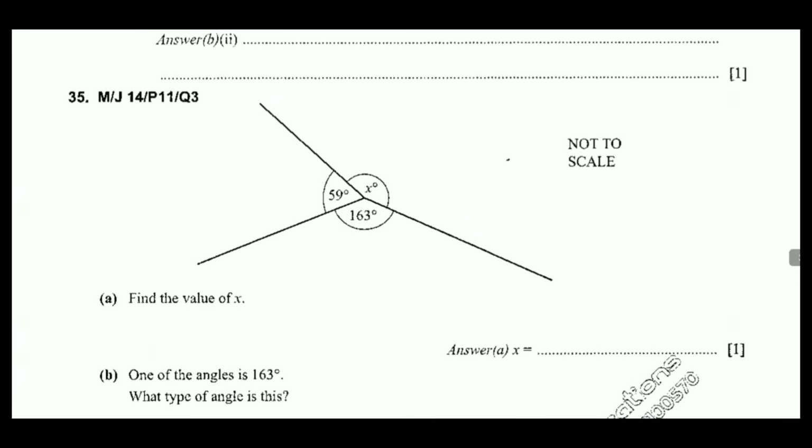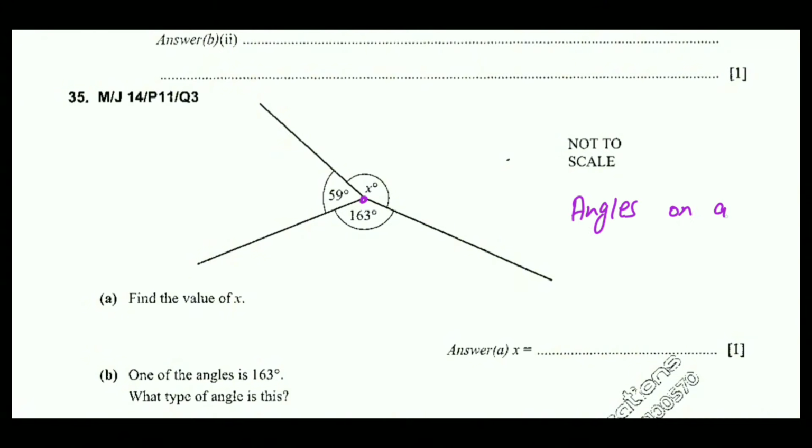35th question. All of you can see that these angles are all on one point. So if angles are on one point, we have to use the property angle sum at a point is equal to 360, or you can say angles on a point.